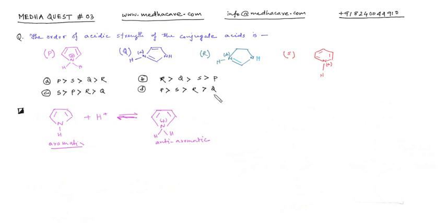Now consider these two, Q and R. That's the case of imidazole. So let's first take the case of imidazole. Okay, so this is imidazole. There is one lone pair present here.